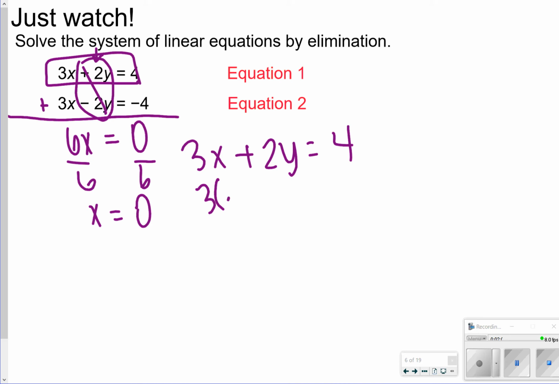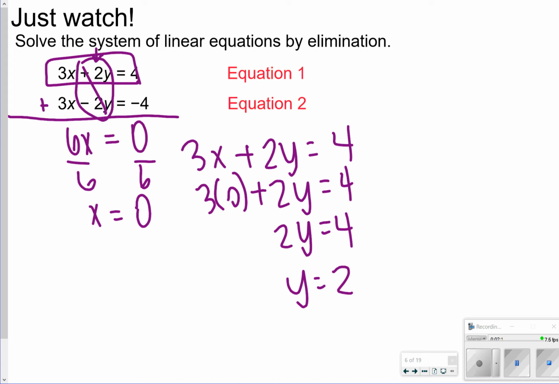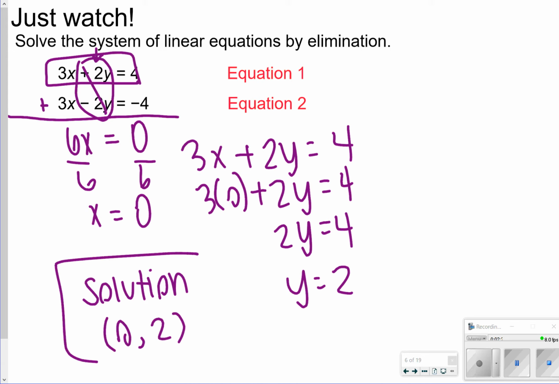So 3 times 0 plus 2y equals 4. That'll be 2y is equal to 4. So y is equal to 2. So my solution is 0, 2 in that ordered pair format, just like we've done before.